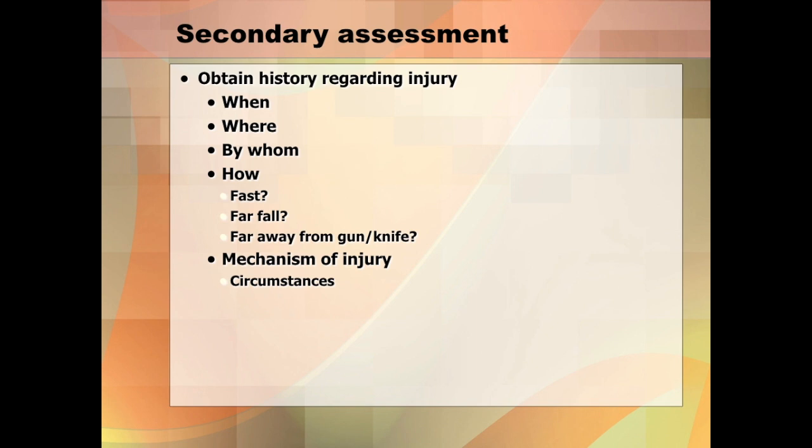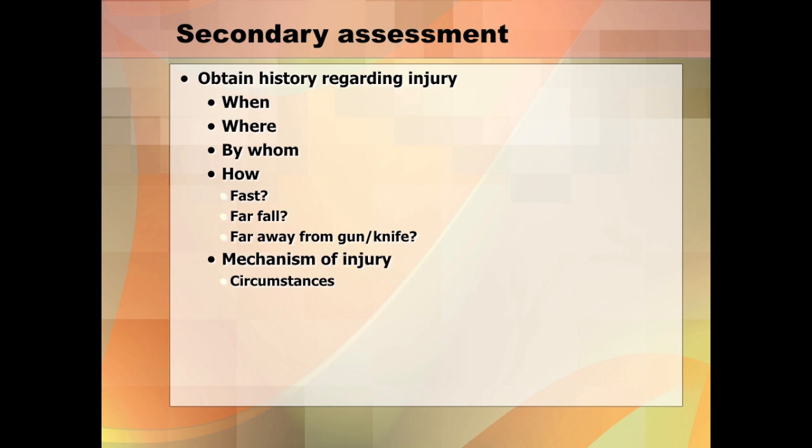If it was a motor vehicle versus motor vehicle, was it on a freeway at 70 miles an hour, or were they going 10 miles an hour and the kid came at him on a scooter? If they fell out of a tree, off a roof, out of a 3-story building, how far did they fall? How far away was a gun or a knife? Because it makes a difference in how much damage.